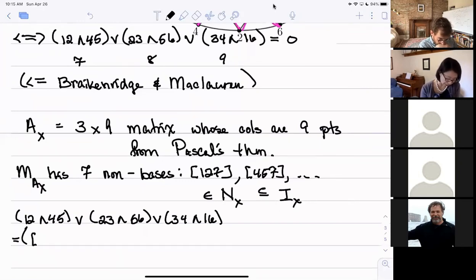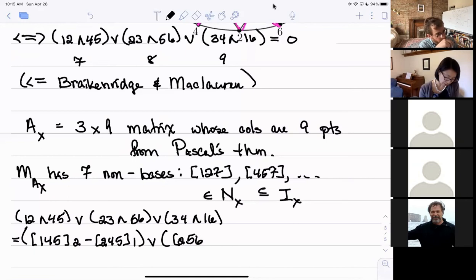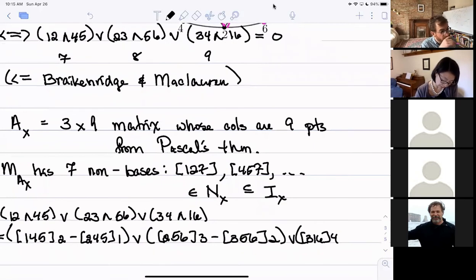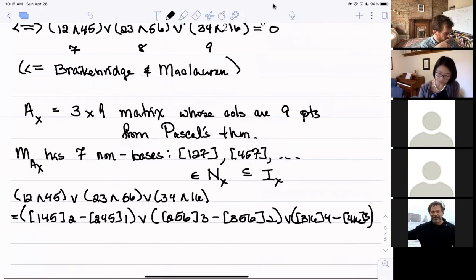It looks like 1, 4, 5, 2 minus 2, 4, 5, 1, joined with 2, 5, 6, 3 minus 3, 5, 6, 2, joined with 3, 1, 6, 4 minus 4, 1, 6, 3. And if you keep going, what you will get is a degree 4 bracket polynomial.